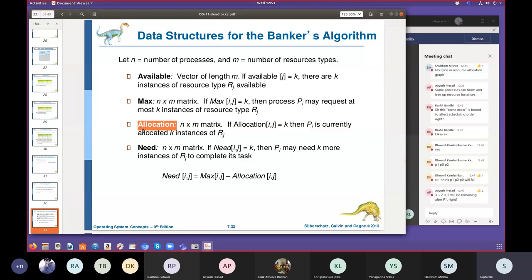This keeps track of how many instances of which resource type are currently allocated to which process. And there is the need matrix, which is basically max minus allocation. So how many more instances of a particular resource type can a certain process still need? Okay. I think this is simple. If you have any question, you ask.